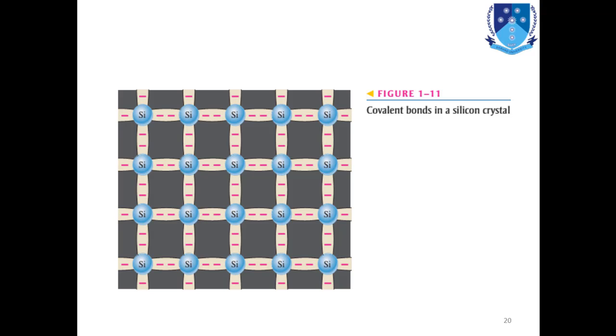The covalent bond in a crystalline structure will be such that you can see every silicon atom has shared 4 electrons with its neighbors to complete its valence shell with 8 electrons. So the tetragonal shape of the crystal is achieved in a silicon crystal.